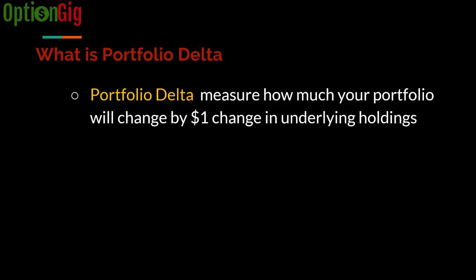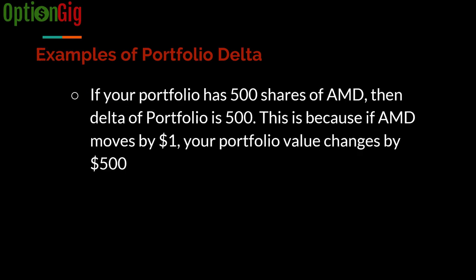So portfolio delta measures how much your overall portfolio will change for a $1 change in an underlying holding. Okay. Now we will take some examples of what may be in your portfolio and how it will change with a change in the underlying.